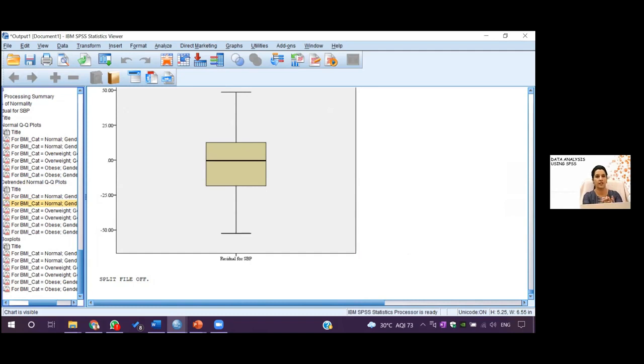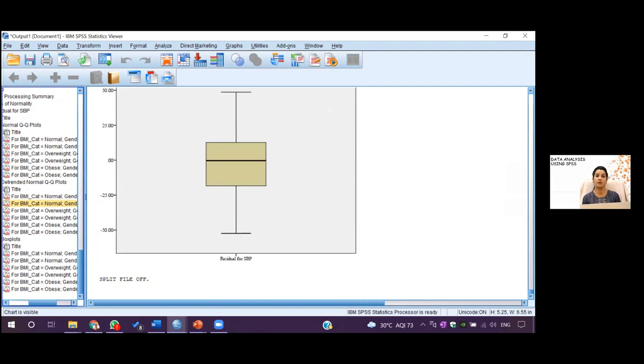So now I have checked for the assumptions. I have checked for the interaction, which was the most important thing. And for interaction, I've said there is a subjective way and there is an objective way. Subjective way: when you see the plot, the lines should not cross each other if there is no interaction. But the more objective way is to say that the p-value is more than 0.05.